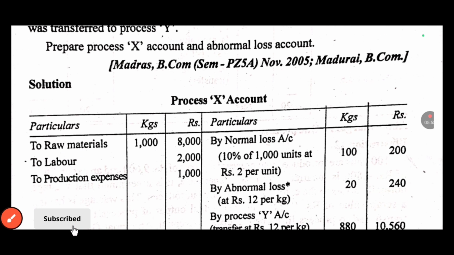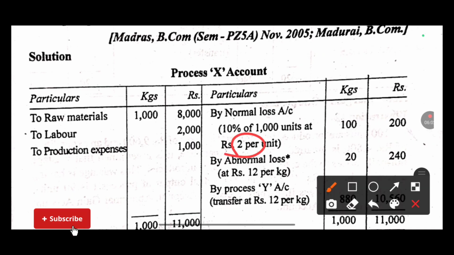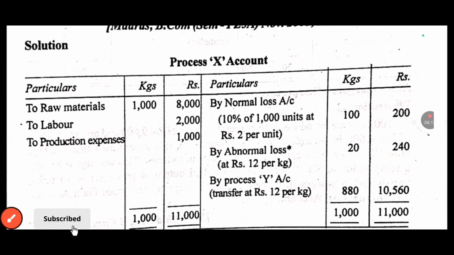This is the scrap value per kilo, 2 rupees. How much for 100 kilos? We multiply 2 rupees into 100 kilos. You will get the scrap value of 200 rupees. So the scrap value of normal loss is 200 rupees.